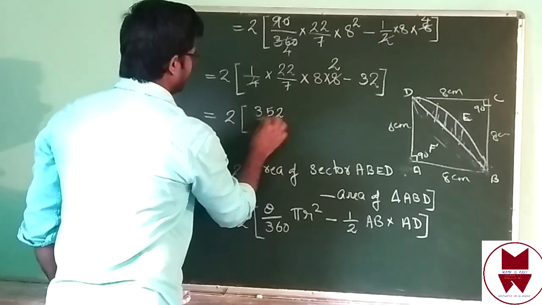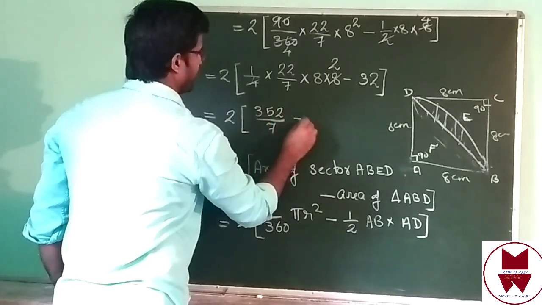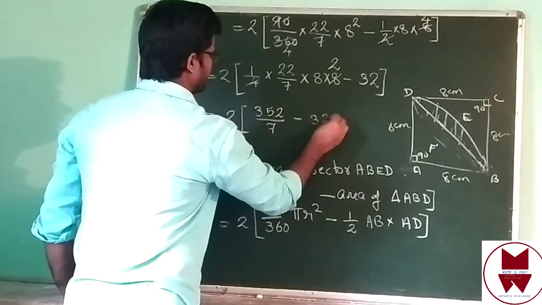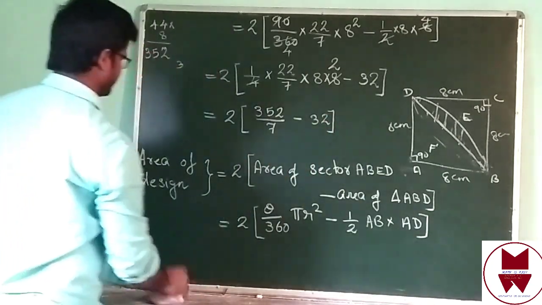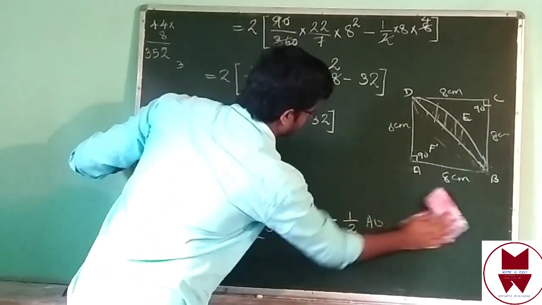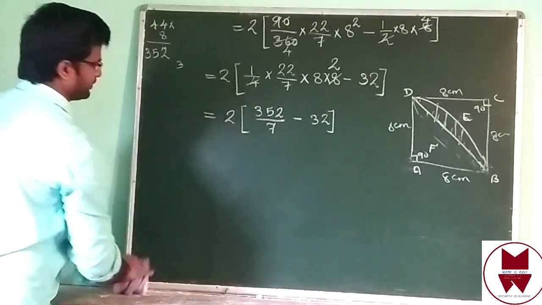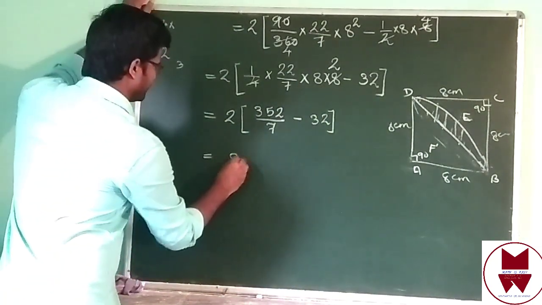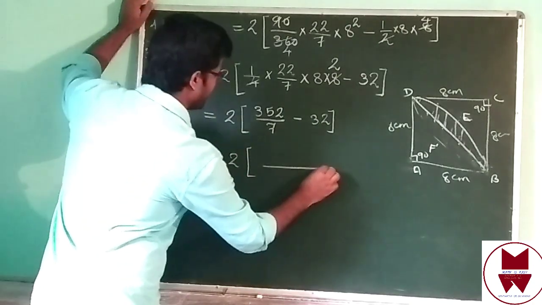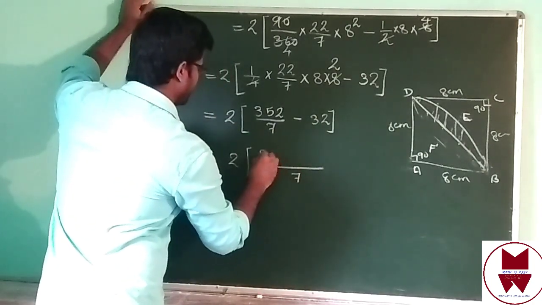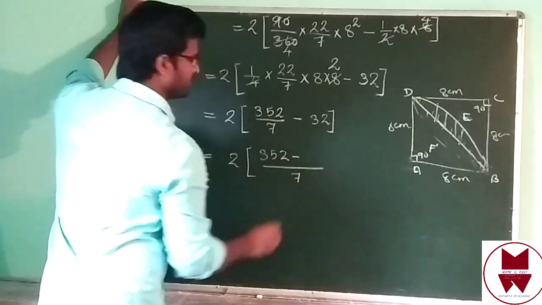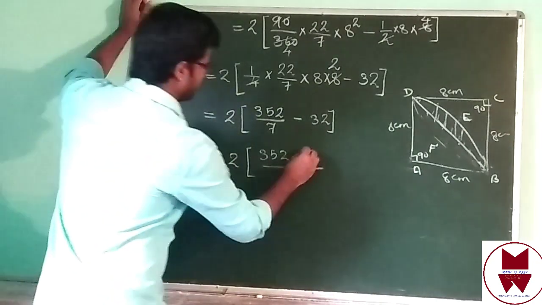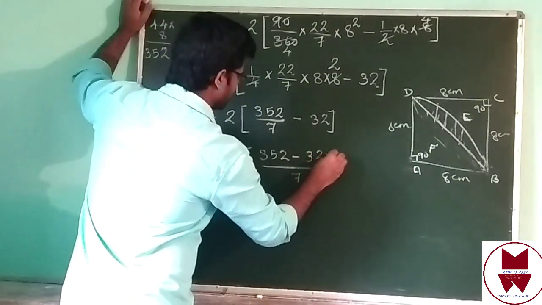352 divided by 7 minus 32. Then take LCM. 2 into LCM is 7. 352 minus 32 into 7.